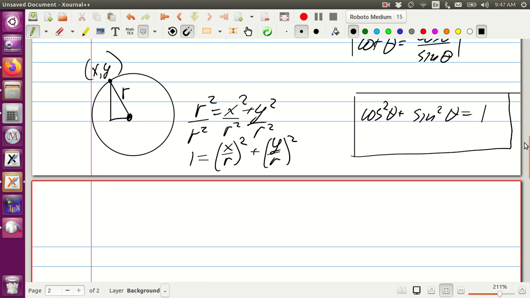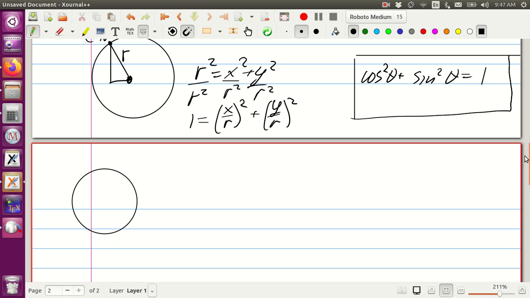Another thing that we can talk about is that if you take a circle, and think about this point over here as being x comma y, and you make a mirror image of this point down, and this is your angle theta.